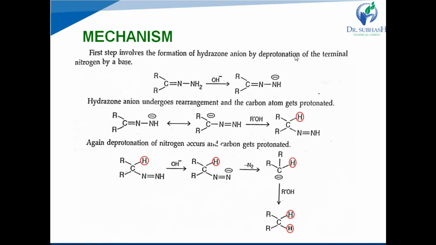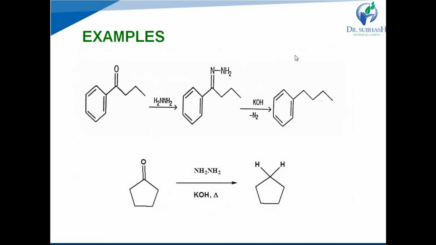Again, with the help of protic solvent, protonation of this carbon occurs and forms the corresponding alkane. Here see, the two hydrogens encircled in red color indicate those two hydrogen atoms are added to the carbon and form the alkane.